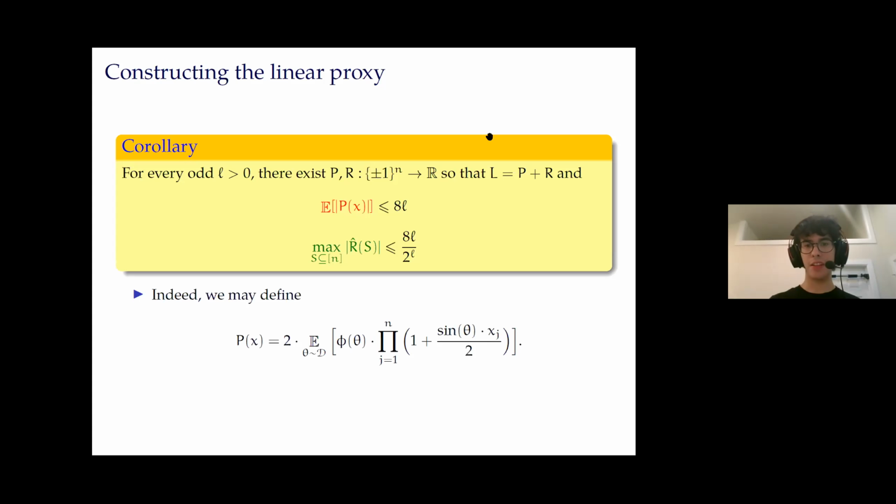It's basically just doing this average over many values that I alluded to in the intuition slide. And if you take this average over many different values, then the linear term will be exactly what you want, and the higher order terms will be upper bounded by this 2 to the L factor, which is coming just from the fact that the sign is at most 1.